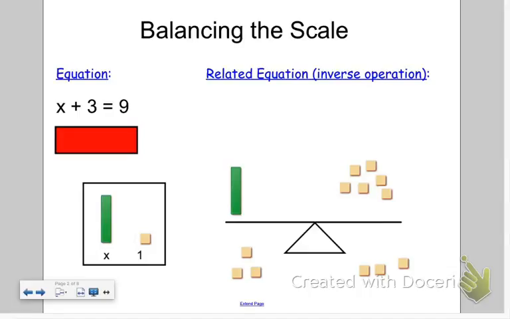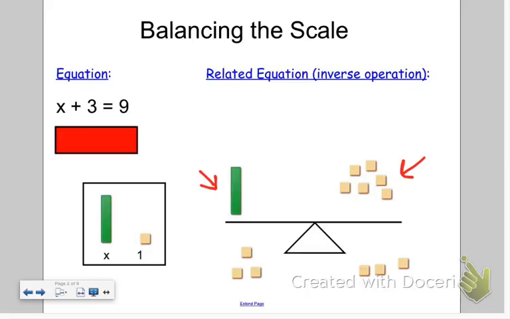I have now isolated my variable. To isolate the variable means to get the variable by itself on one side of the equal sign, or on one side of the scale in this case. And that's what I've done. I've got my x all by itself on the left side.